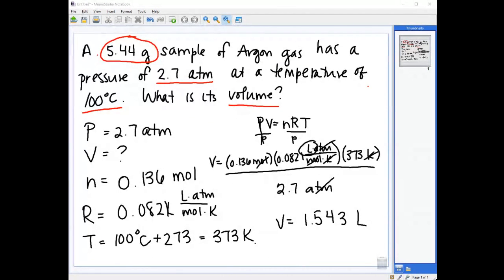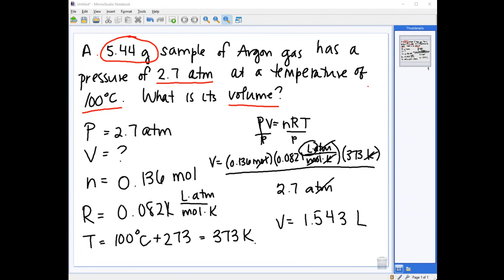If you put your answer in 2 significant digits or even 3 significant digits, I would not count it wrong. Okay, I would not count off for that. And typically you're not going to have a temperature with just 1 significant digit, and I wasn't thinking when I put that temperature there.